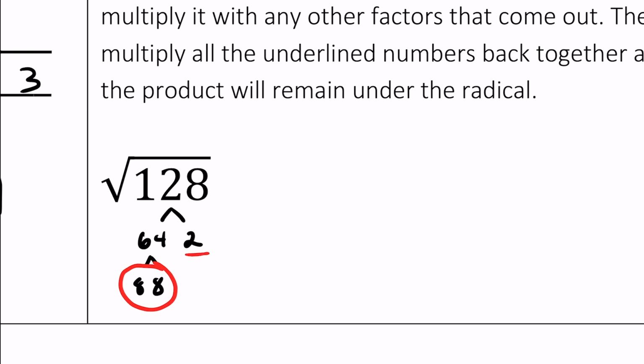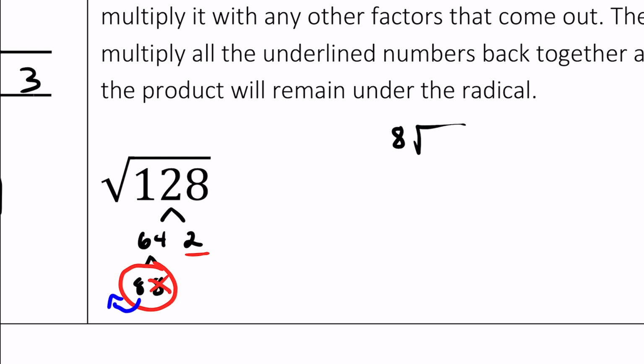Now, to form the answer here, we're going to have our square root drawn out. And looking at the pair of 8s that we have here, one of the 8s is going to go outside of the square root and the other one is just going to go away. So this 8 is going to go outside of the square root here, and this 8 is going to go away.